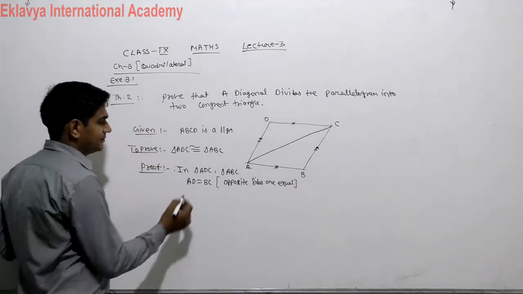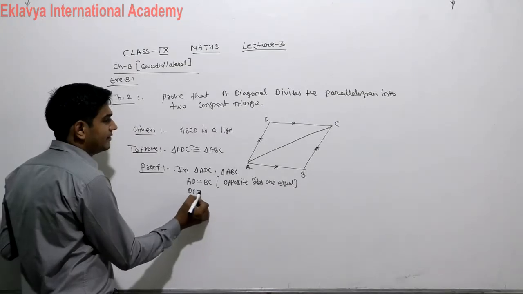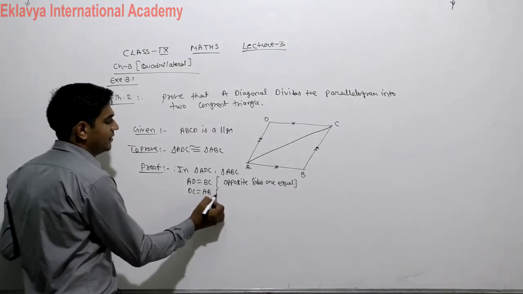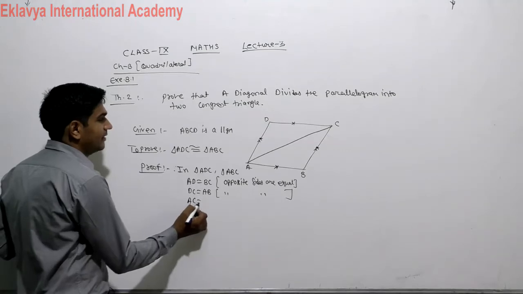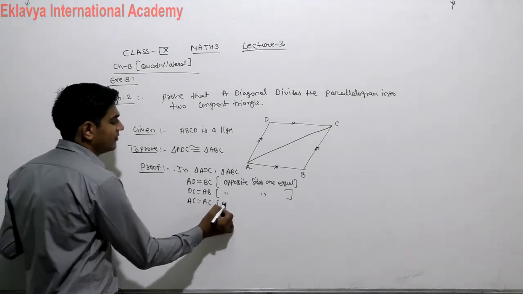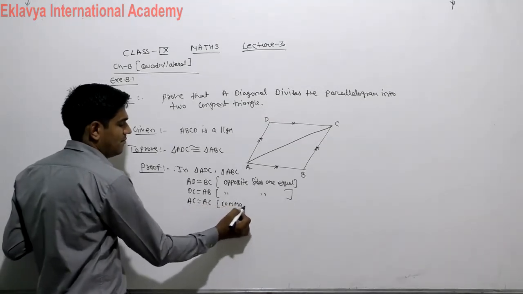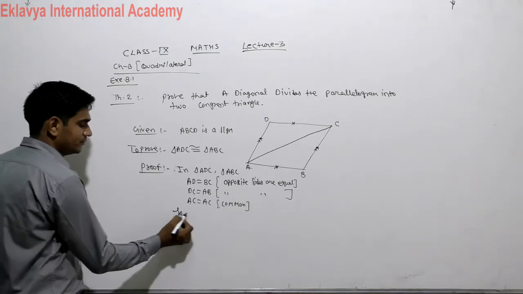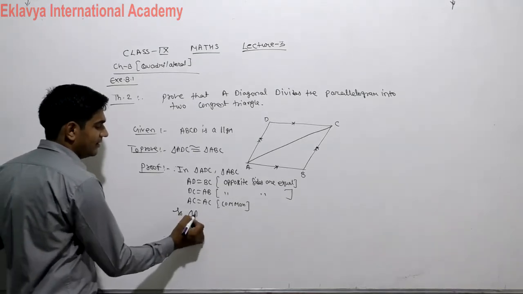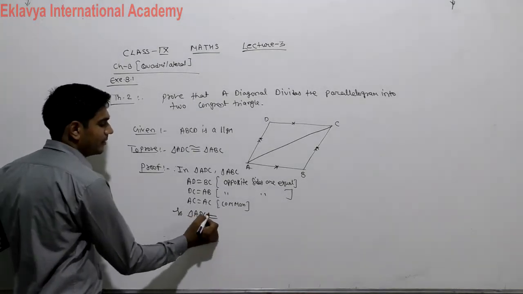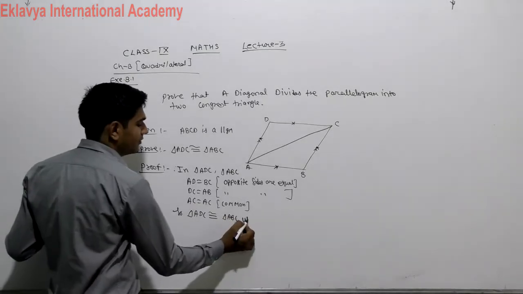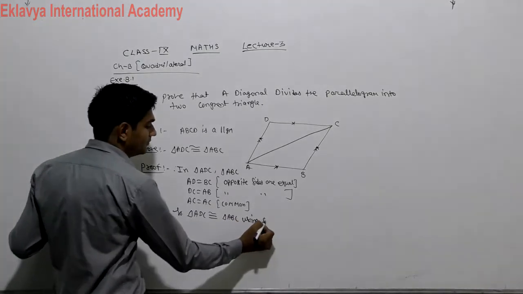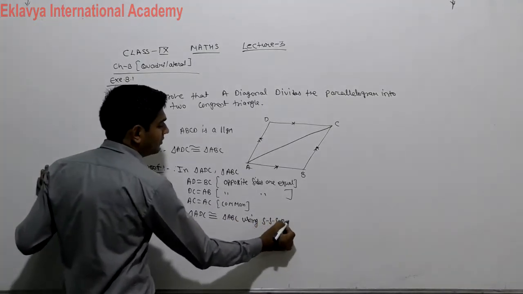Second, DC is equal to AB. Same reason: opposite sides are equal. Third, AC is equal to AC, it is common. So triangle ADC is congruent to triangle ABC using the SSS rule.